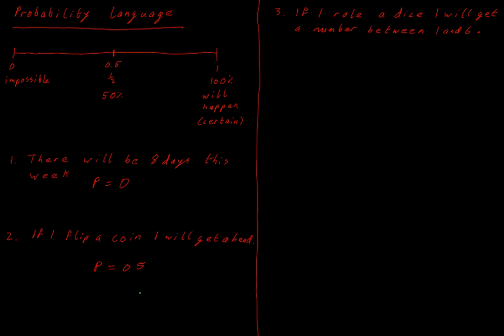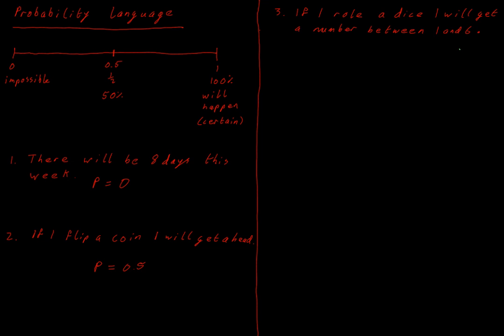All are perfectly acceptable. If I roll a dice, I will get a number between 1 and 6. Well, that's all of the possible outcomes. I could get a 1, a 2, a 3, a 4, a 5, or a 6 when I roll a die or roll a dice. So that covers all possible outcomes.